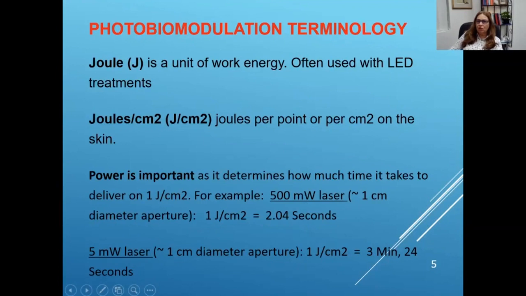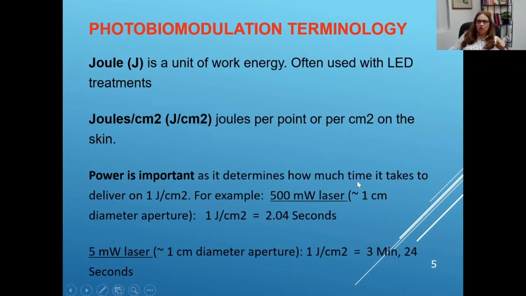On the other hand, when we're talking about a more focused point, a centimeter squared, then we're often talking about joules per centimeter squared. And when we use the term power, we could be talking about watts or milliwatts. Most often for light therapy, we're talking about milliwatts of energy. And if it's a single diode, it's usually within that 500 milliwatts.